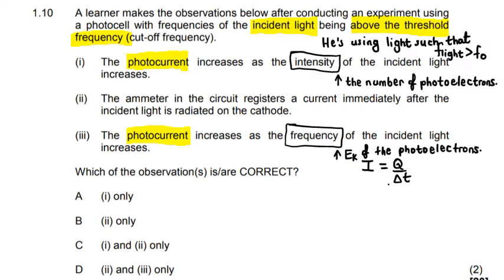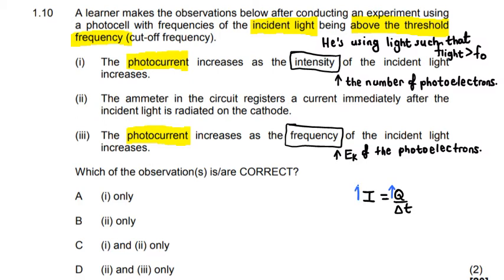Now looking at this equation, which I'm going to move because it's now blocked off, it means if we want the current to increase for a given amount of time, let's say time is constant, we're looking at this direct relationship between current and charge. So if you want the current to increase, you want more charge.